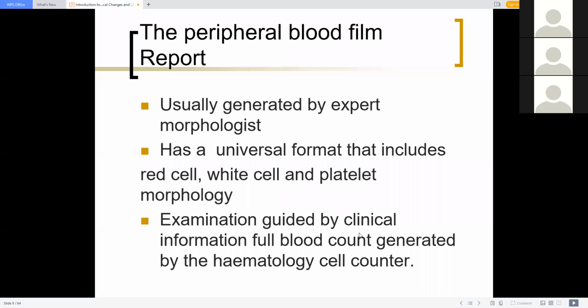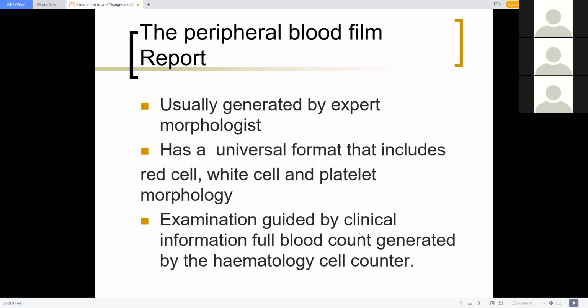Using the clinical information and the total blood count, the red cell values and indices, we are able to generate a report on the red cells. That will help to further investigate the patient, or we may even be able to make a diagnosis based on these two examinations, all right? That is the value of the report.